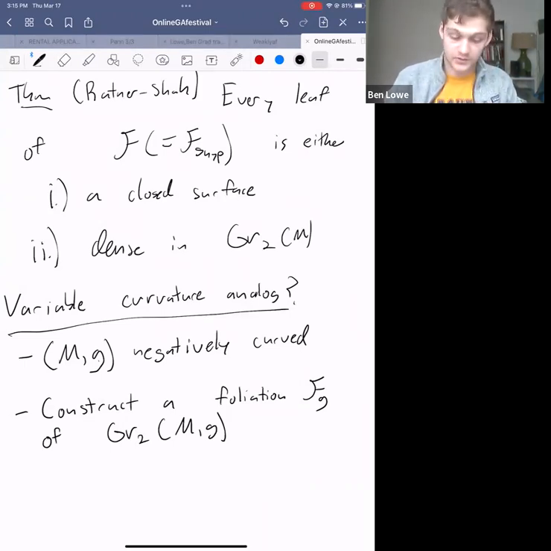So you should think of this as being like the initial foliation F, the model case that I talked about last time.